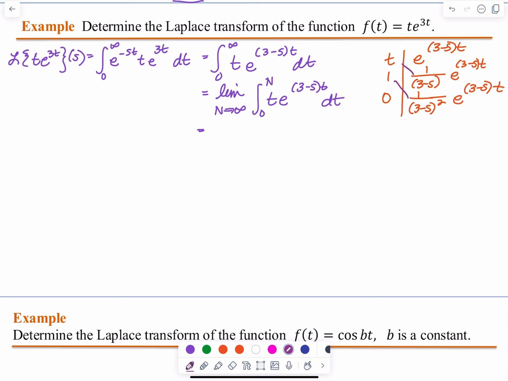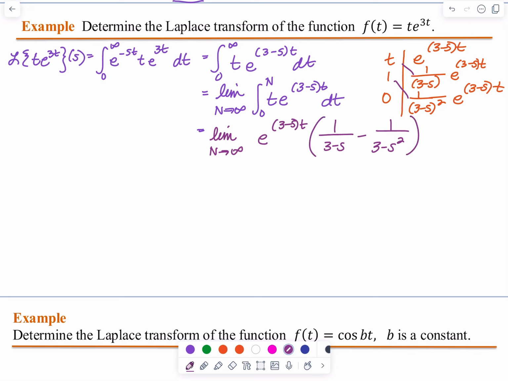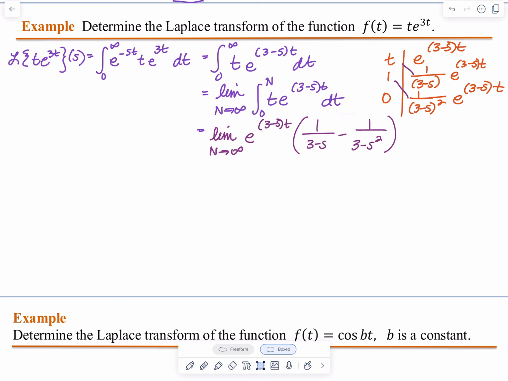And so we have the limit as n approaches infinity of, let's go ahead and factor that e to the 3 minus st out, and we have that multiplied by 1 over 3 minus s minus 1 over 3 minus s squared. And there, we will evaluate that from 0 to n.